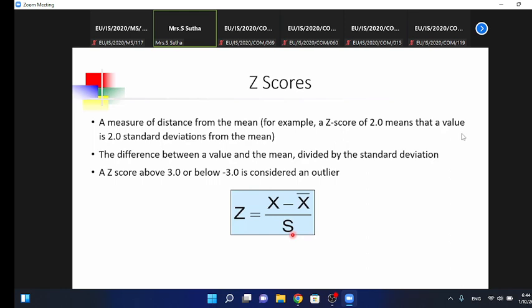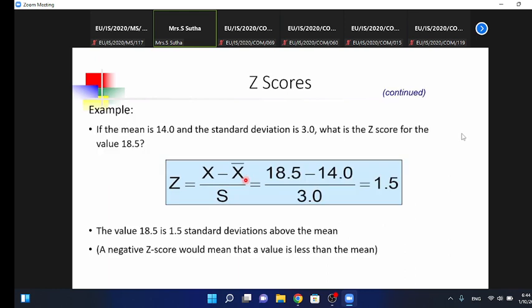This is also relative to the mean value. For one standard deviation, how much of the value is deviated from the mean value? That is the Z-score.